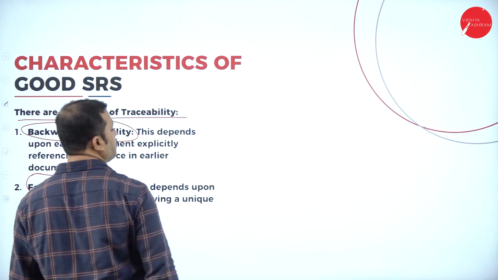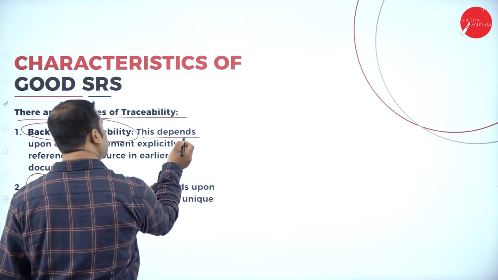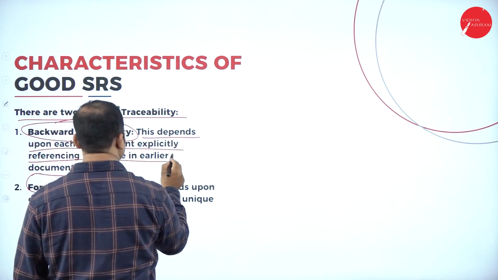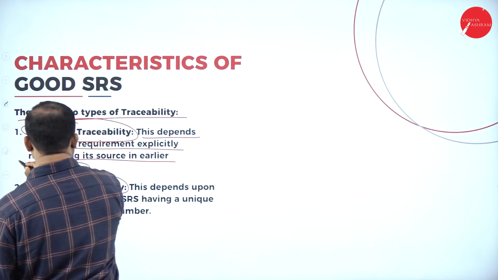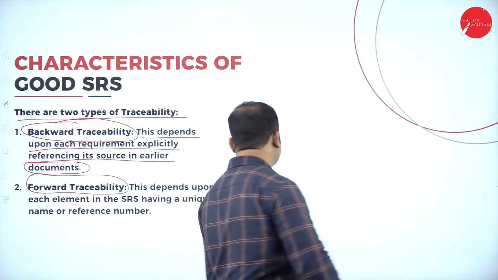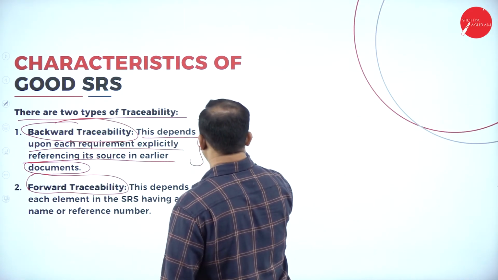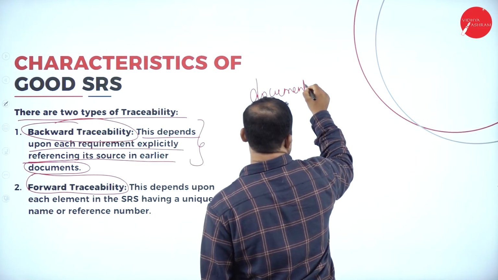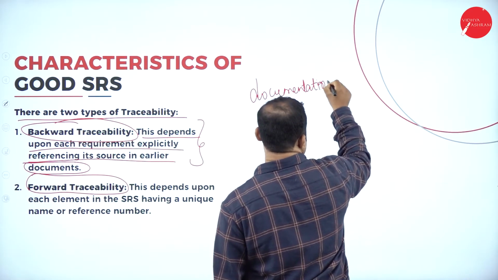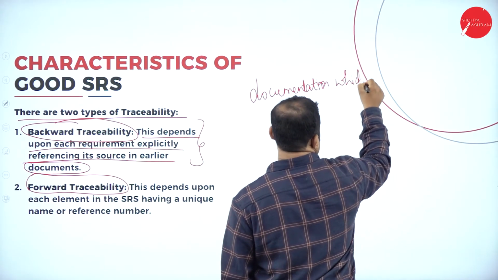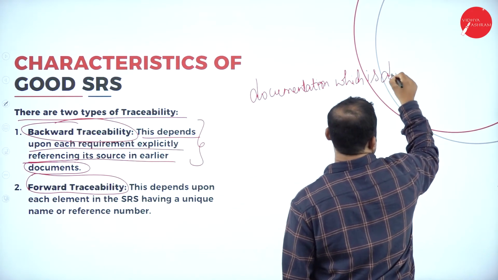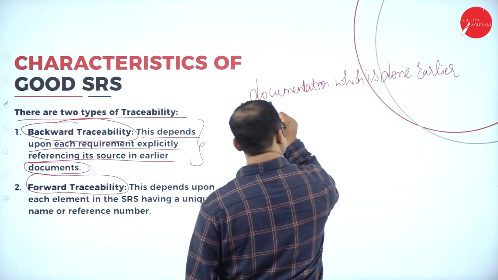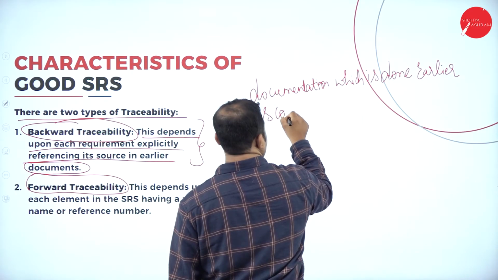Backward traceability depends upon each requirement explicitly referencing its source in earlier documents. Please make a note of this point, that the documentation which is done earlier is considered as a reference.